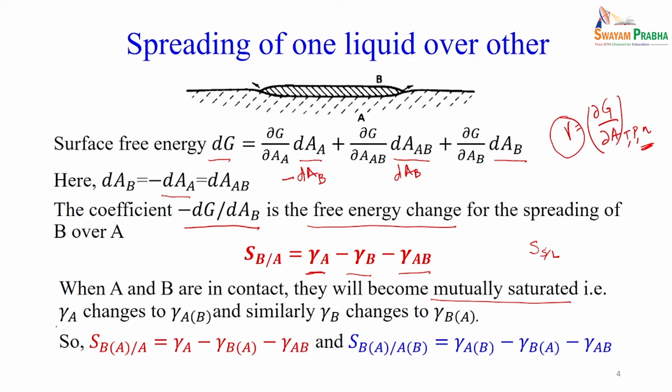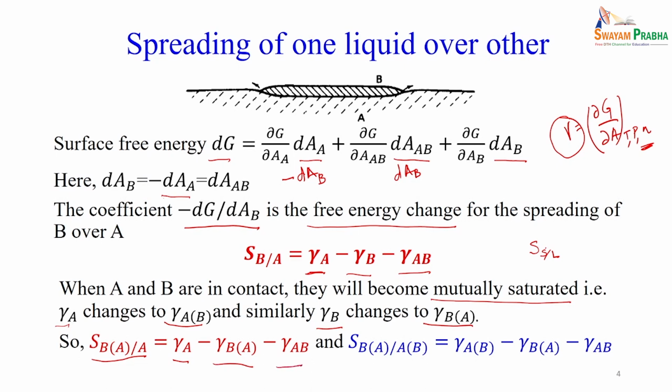So, let us say gamma A changes to gamma AB, and similarly gamma B changes to gamma BA. Accordingly, if the surface tension of A and B is changing, the spreading coefficient is also changed. So, we define the spreading coefficient S B/A, where we are considering the change in the surface tension of B. It will be gamma A minus gamma BA minus gamma AB interfacial tension.